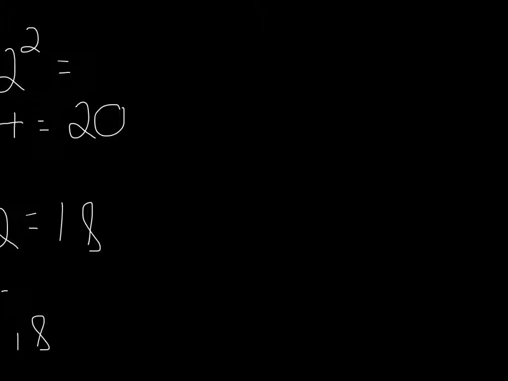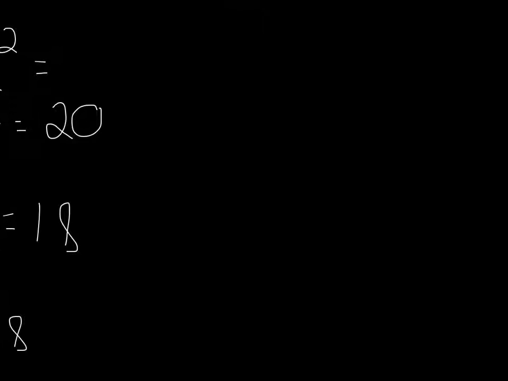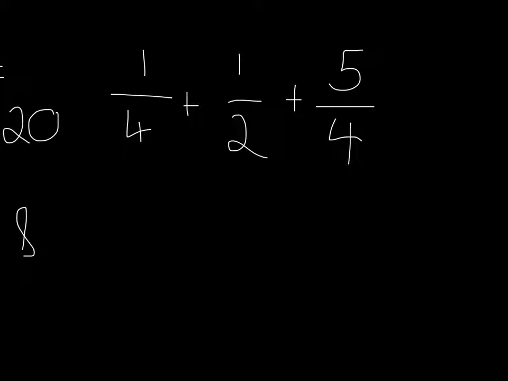At this point, you would have to very simply write all your fractions, convert the fractions that are mixed numbers into fractions. So 4 times 1 plus 1 equals 5/4. And the last one, 4 times 2 is 8 plus 1 is 9/4.